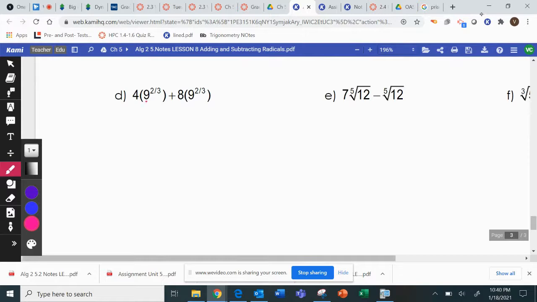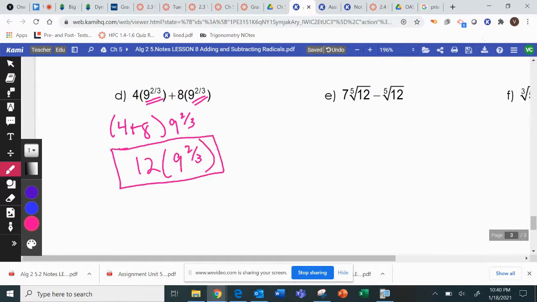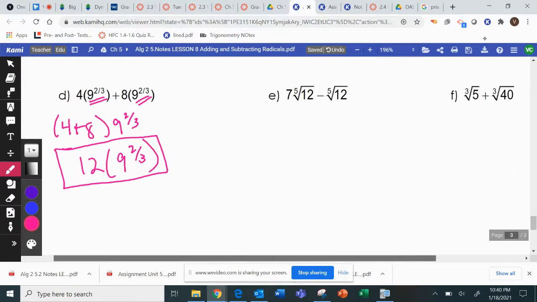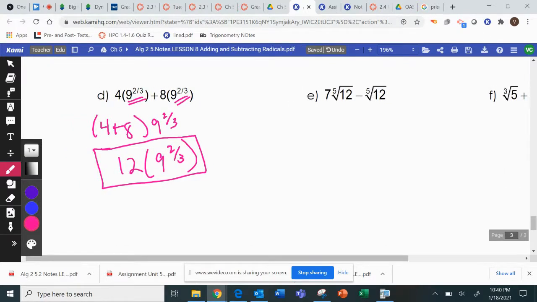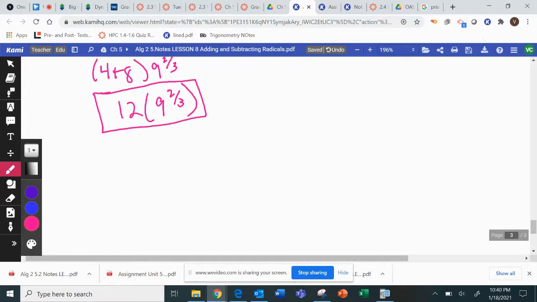All right. We've got 4 times 9 to the 2/3 plus 8 more 9 to the 2/3. So I've got 4 plus 8, 9 to the 2/3. So I have 12 times 9 to the 2/3. I wonder if there would be any reason to simplify this.